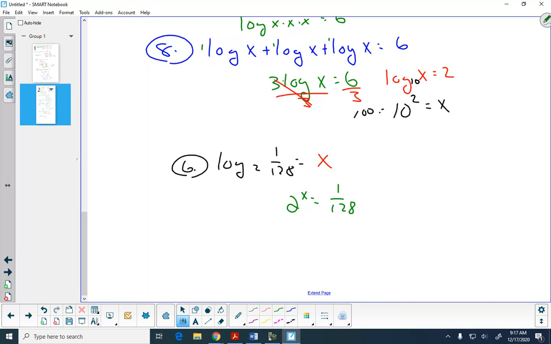If 2 things are equal, then their ln's will be equal, or the logs, it doesn't matter. Once again, I'm going to use ln just because it's easier for me to write. The variable x, once again, gets moved out front. And we can divide both sides by your ln of 2.